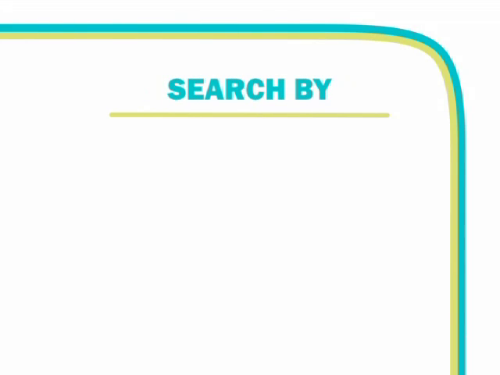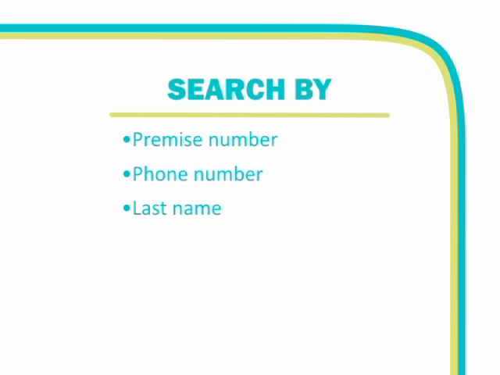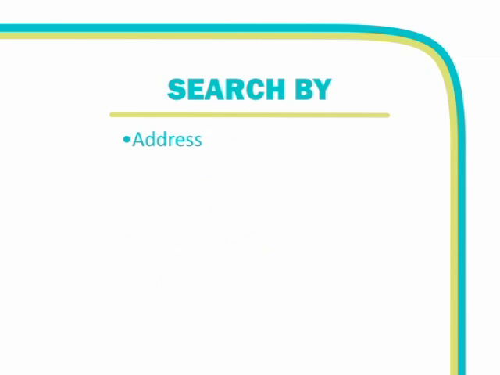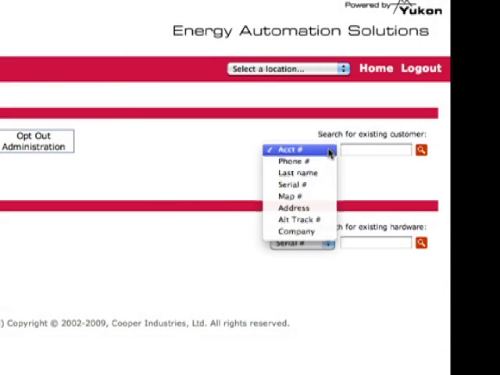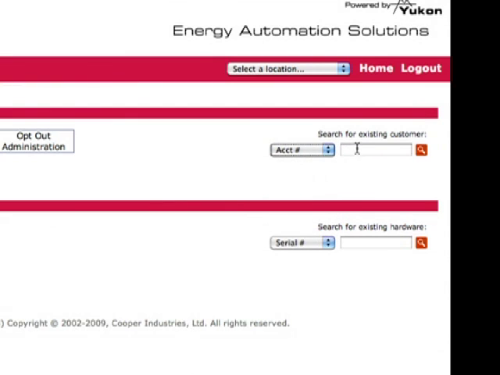You can search by the customer's premise number, phone number, last name, serial number, map number, address, alternative tracking number, or company. After you have selected your search category, enter the search data into the text box and press Enter on your keyboard or select the magnifying glass icon to begin the search.